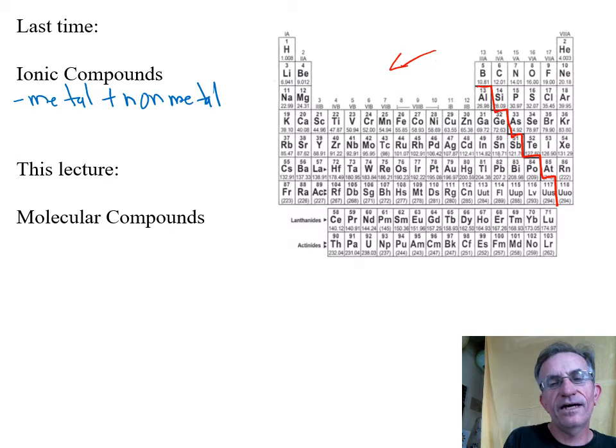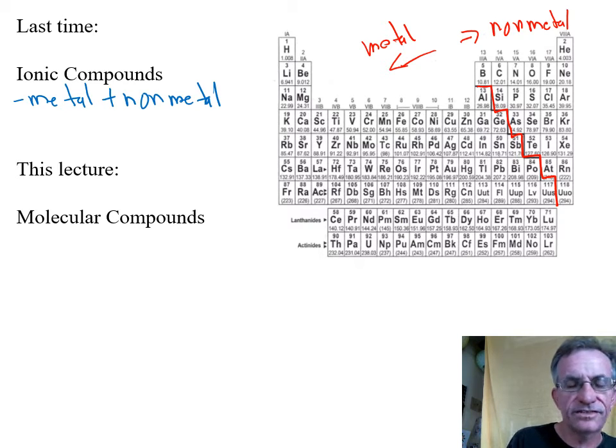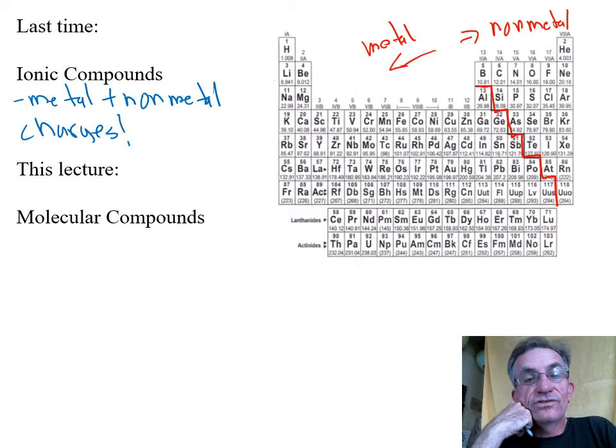If you have a metal and a nonmetal together, that's an ionic compound. In those examples we did last time, we spent a lot of time learning about charges and talking about how charges got balanced. Now, today again, we're doing something different.